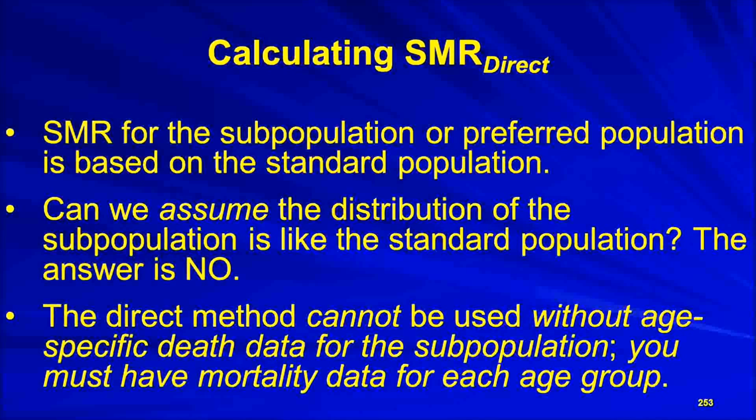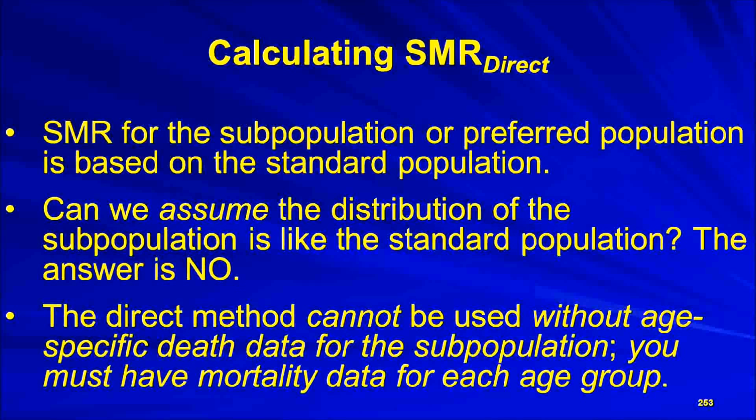And usually when we make the assumption about the distribution, the two are not the same, and they can be very different, which causes the SMR or accrued death rate to be quite different than what we think it really is.